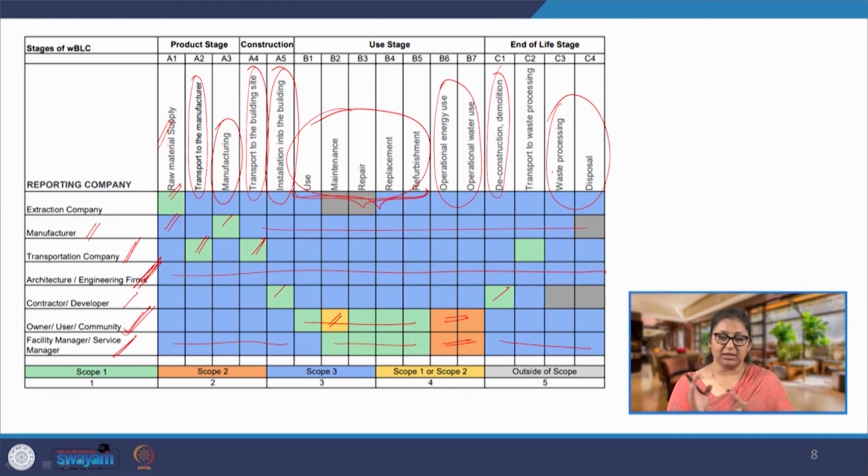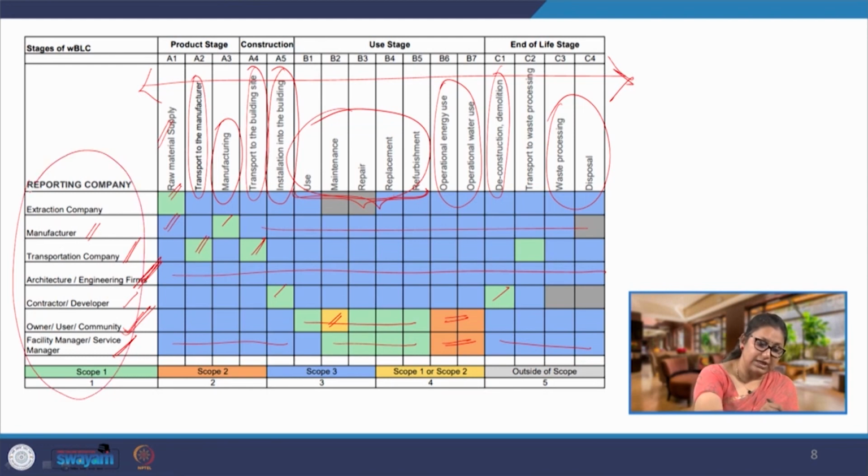But one thing that you have to understand here for any product life cycle is that all the activities that are part of the product life cycle, and all the stakeholders who become part of this entire life cycle, each activity is going to become scope 1 for somebody or the other.